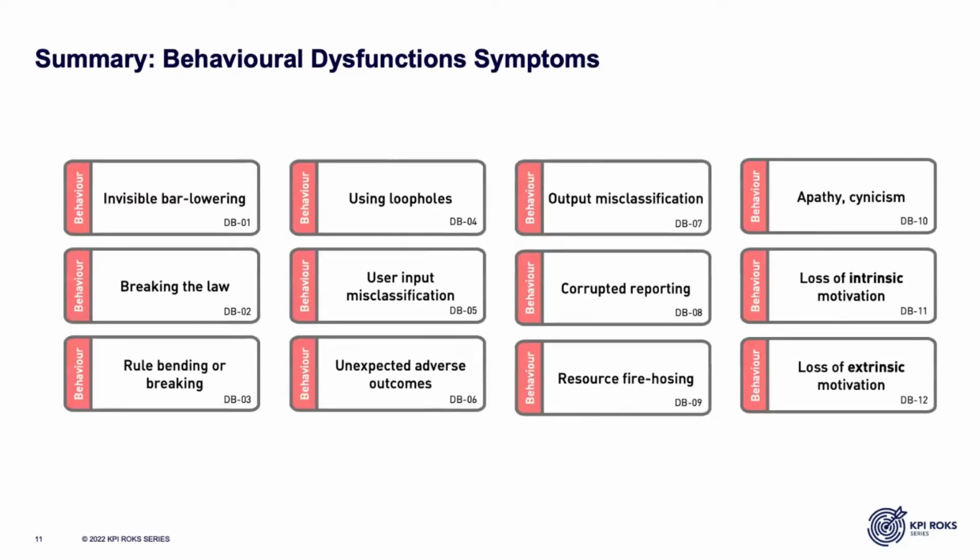Then we have the behavioral dysfunction symptoms. This is connected with behaviors. And here you can go to different case studies where, for example, someone tries to hit a target but creates corrupted reporting. That is already some negative behavior, or they might break the law. So they do something they shouldn't just to achieve a certain target or to get some incentive. That is an example.